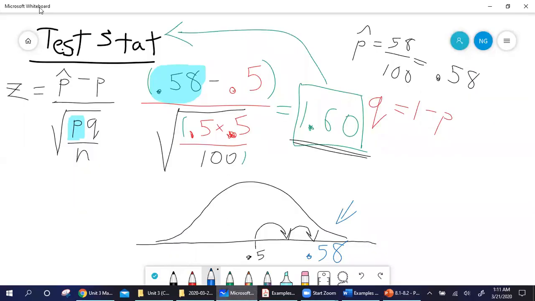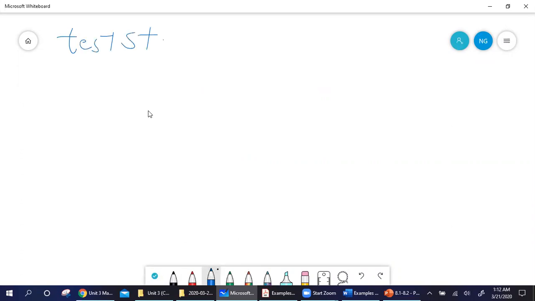So what the heck am I talking about? The other way to look at this: after I got the test statistic of 1.6, again I want to know, is that really weird? Is that really off in the tail?